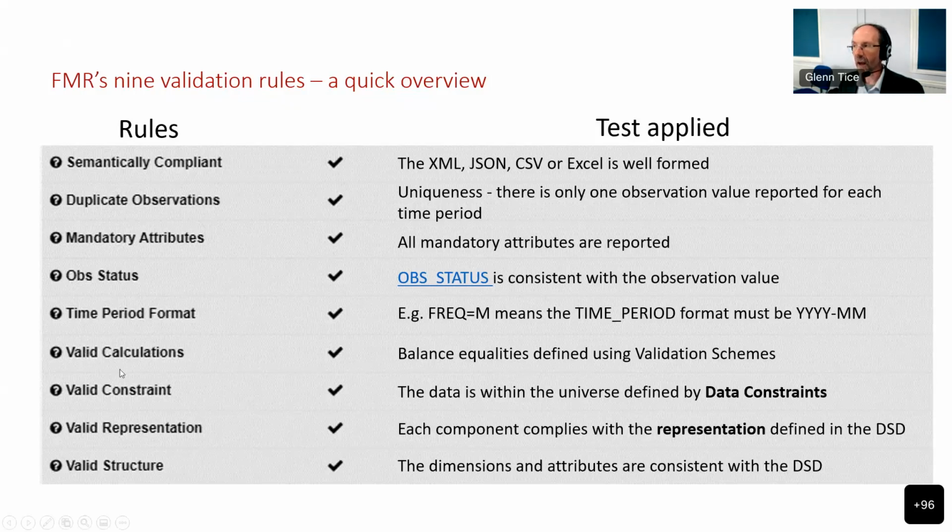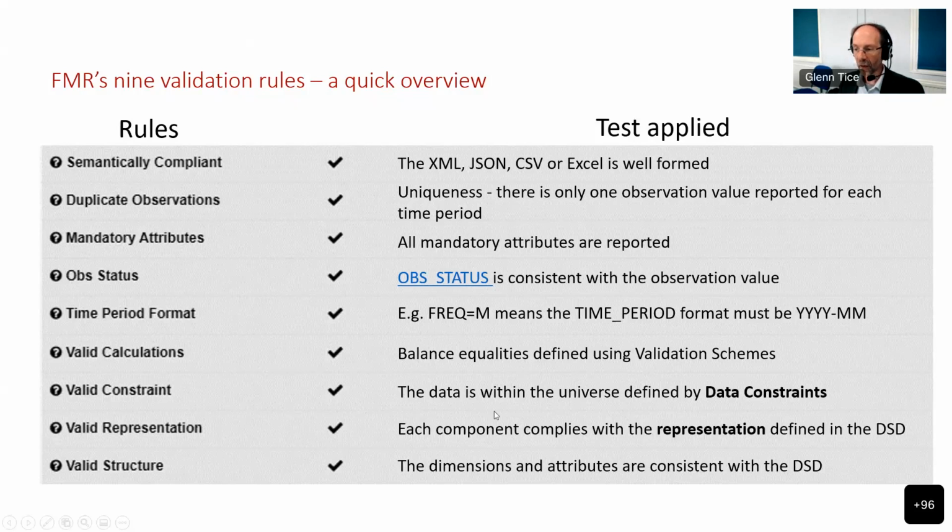So valid calculations refers to these things called balance equalities. We'll see what those are a little bit later. Fundamentally, this is concerning consistency rules between series which are reported in a single data set.